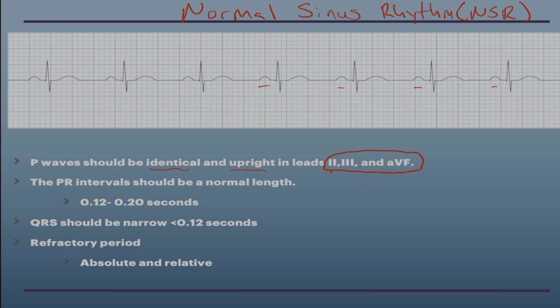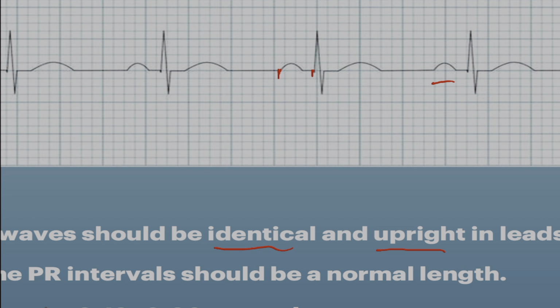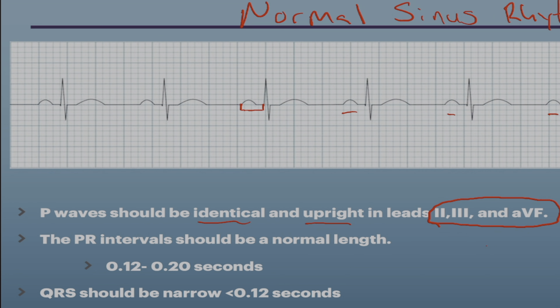Next, we have our PR interval. So our PR interval is the beginning of my P wave to the beginning of my QRS complex. So I can measure this PR interval here, and I'm going to find that, okay, that's about 3 small boxes, maybe a little bit more.